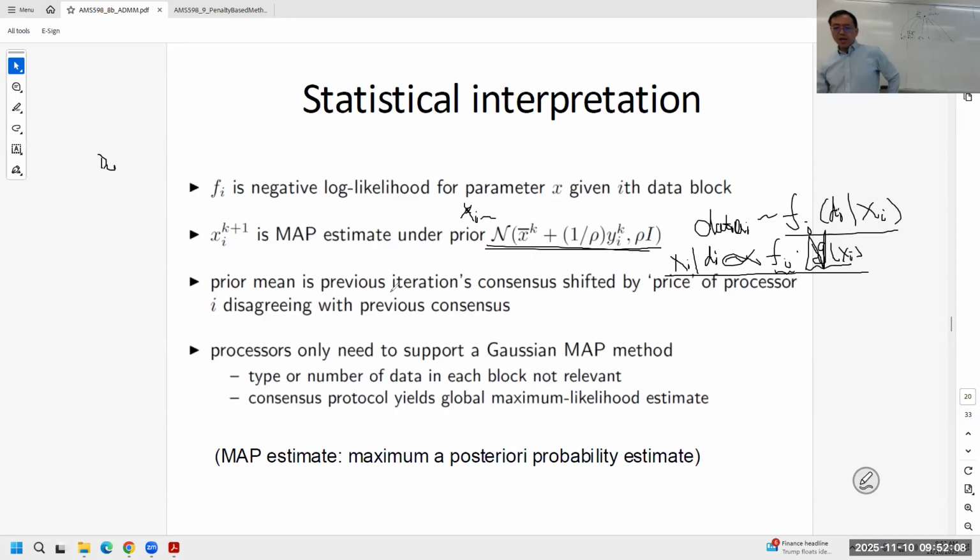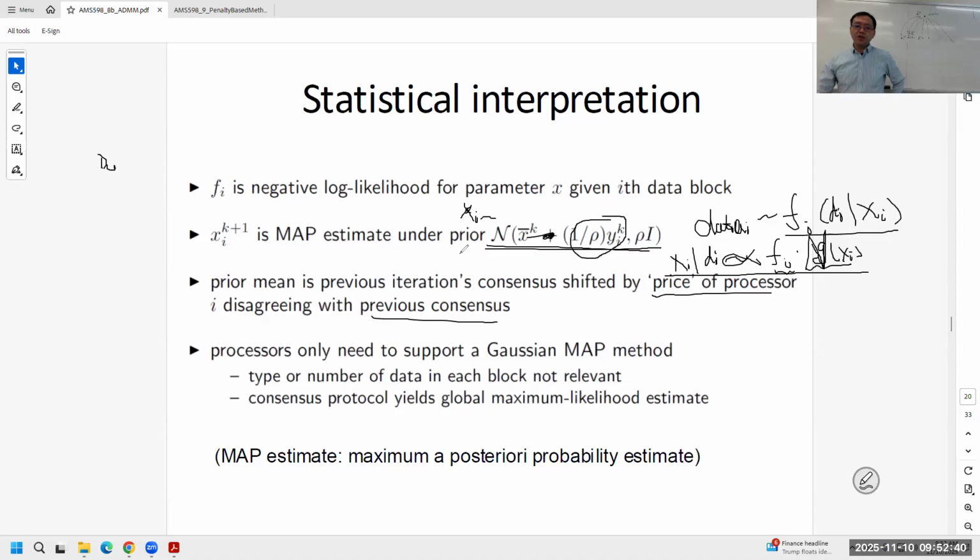If you look at the prior distribution, the prior mean of xi is essentially the consensus from the previous iteration, x bar k, shifted by the so-called price of processor I disagreeing with the previous consensus. This price shift is yik.